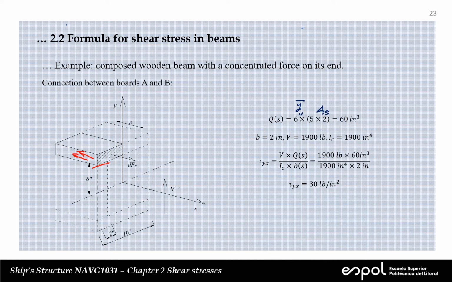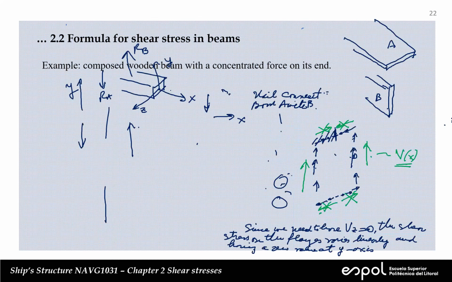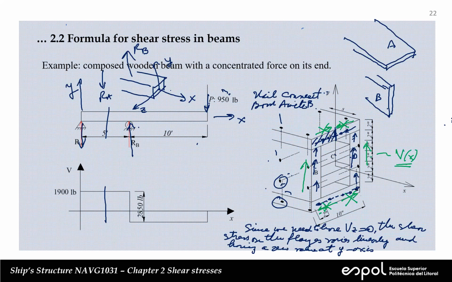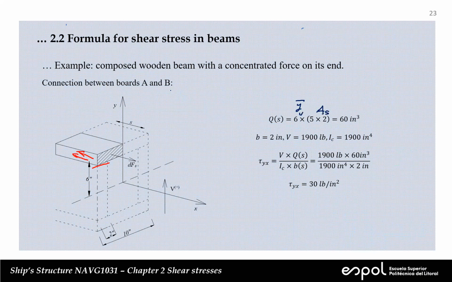Now, to calculate the shear stress, we need the shear force. We said that we're going to be analyzing a cut where we have the largest shear stress, which is 1900.